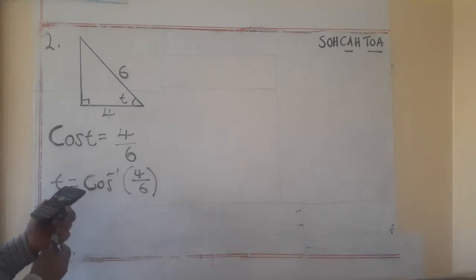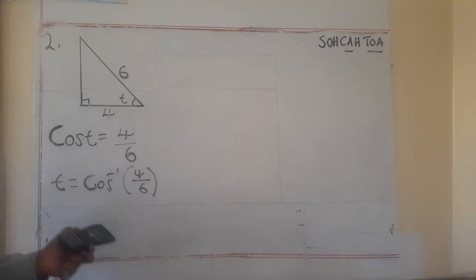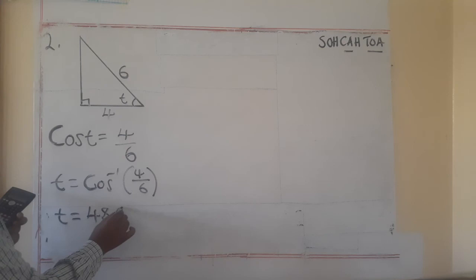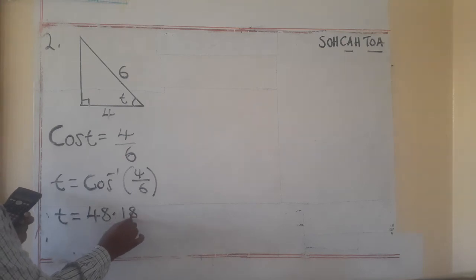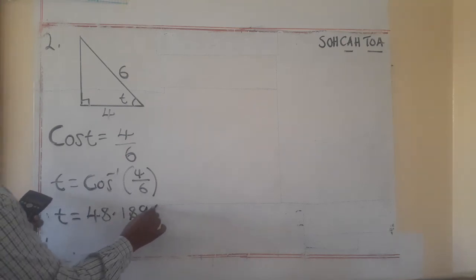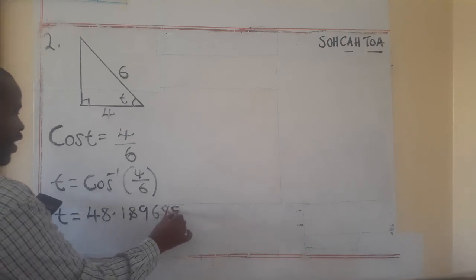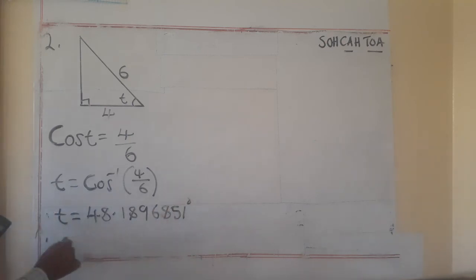What are we getting? T is equal to 48.1896851 degrees.